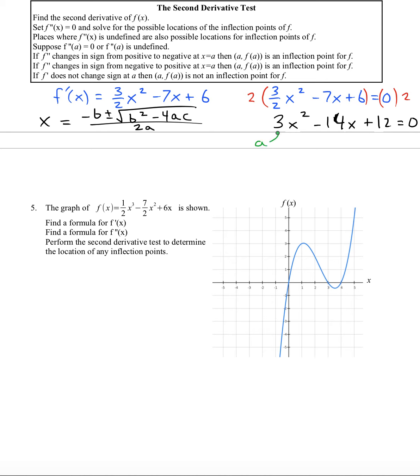A refers to the first coefficient here, the 3. It's the one that's attached to the x squared. B refers to the negative 14 that's attached to the single x. And C refers to the constant, which is alone. So I'll just write those down. A equals 3, B is negative 14, and C is 12. Let's use that. And with that, we'll find our critical values.